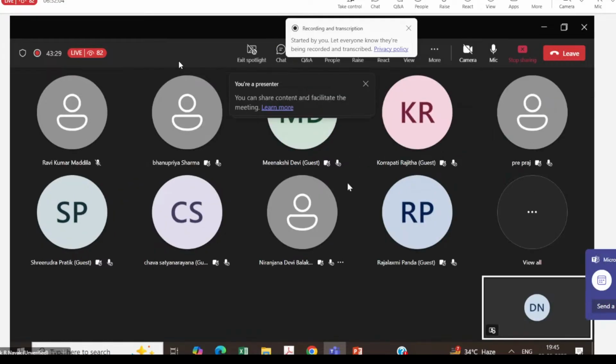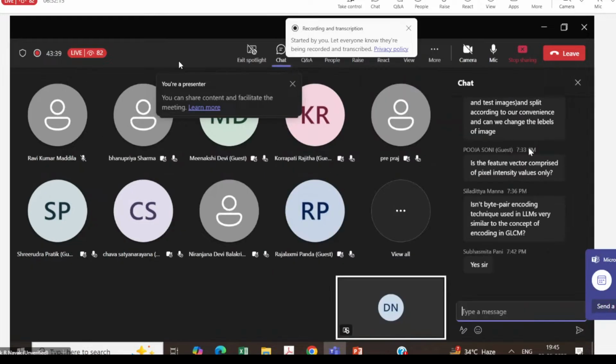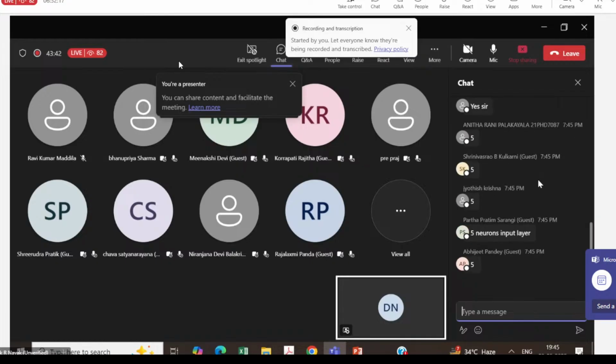How many neurons will be there in the input layer? If you are dealing with 5-dimensional data, it is dependent on the data actually. Okay, absolutely correct. And how many neurons will be there in the output layer?